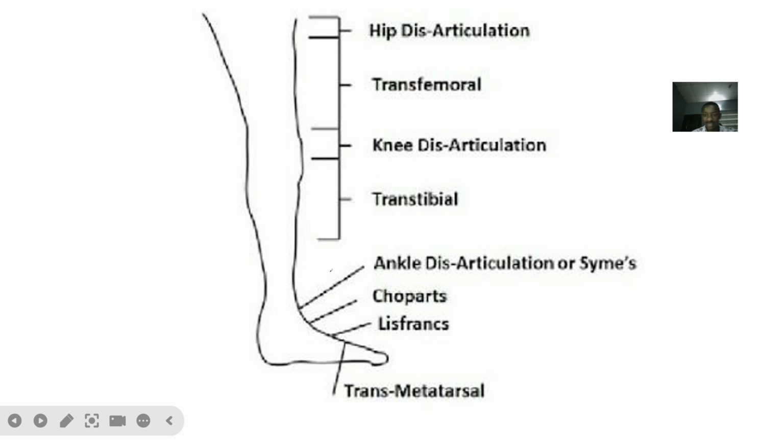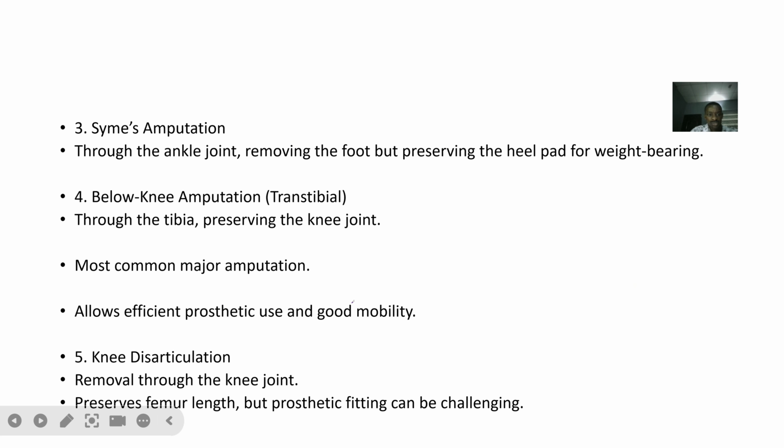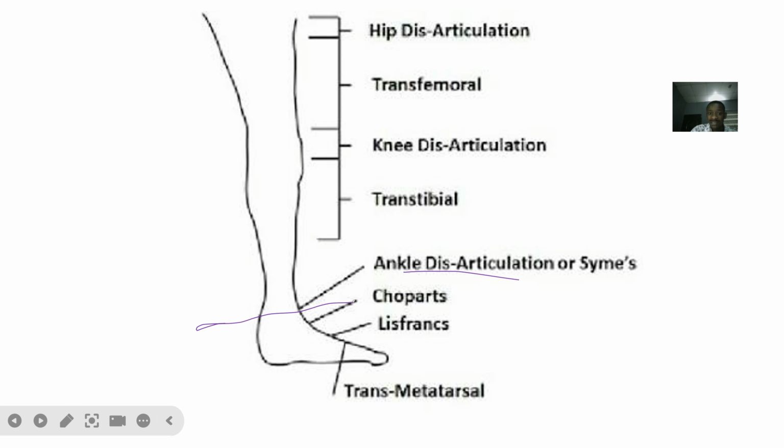Okay, so we have the Syme's amputation. Syme's is what? Through the ankle. I'm cutting you through the ankle. All right. So we also have below the knee amputation. This is the knee. Anything between here and the ankle, anywhere I'm cutting you here, is what? Below the knee amputation. You get that?